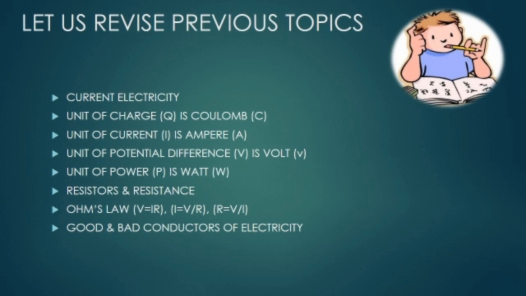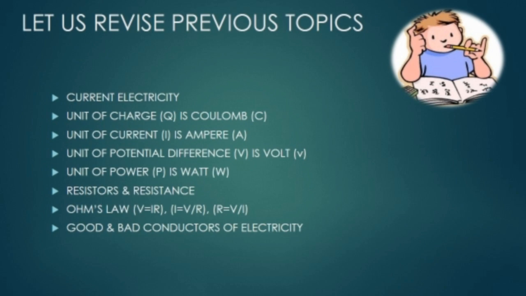Whenever there is collision, opposition to the flow of charge happens there, and that is because of the resistance present in it. These resistances are different for different metallic conductors, and resistance is denoted by the letter R. Based on the resistance, we have studied Ohm's law.